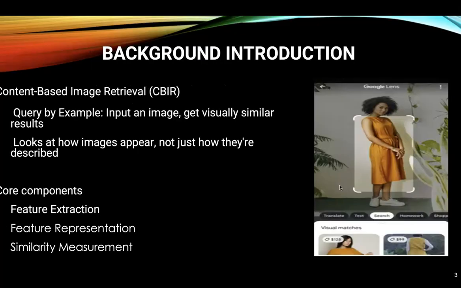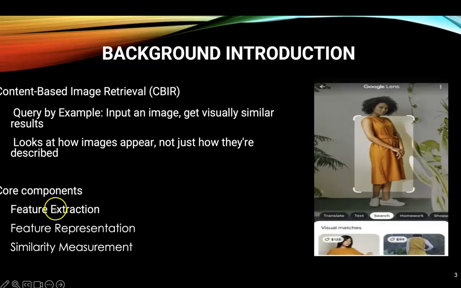So let's talk about some basic introduction. What is CBIR? As I said, CBIR is content-based image retrieval. It searches for a specific feature in an image and tracks down images based on a certain feature or quality of the image.